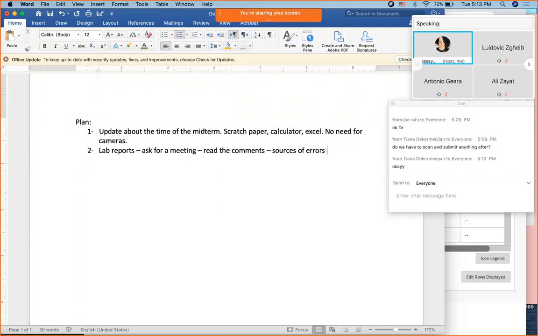Please use it, because some students don't know how to write the sources of errors yet. They're still saying that it's probably the measuring tool. So there's a way to write it. And please do not include mistakes. Calculation mistakes are not errors.